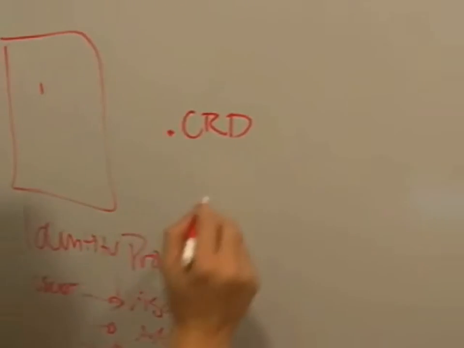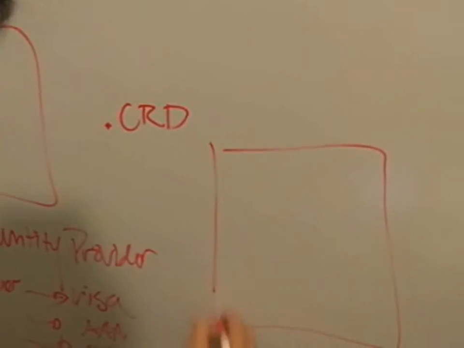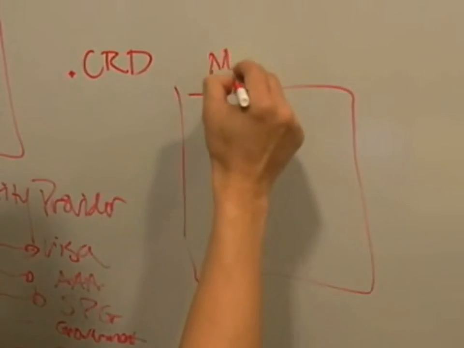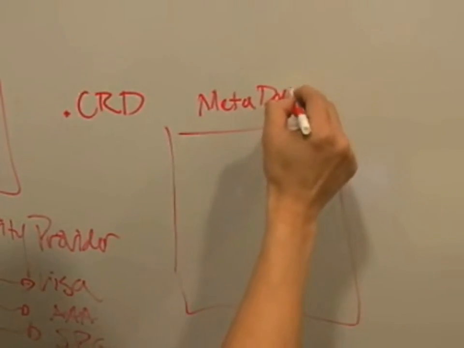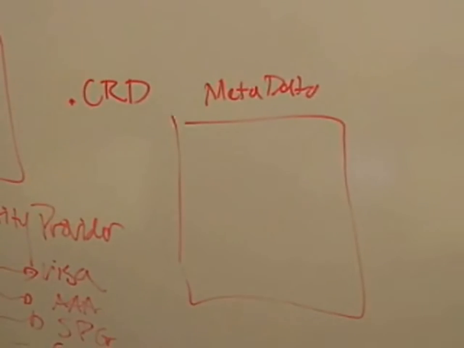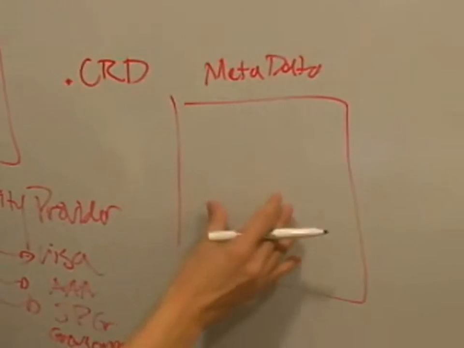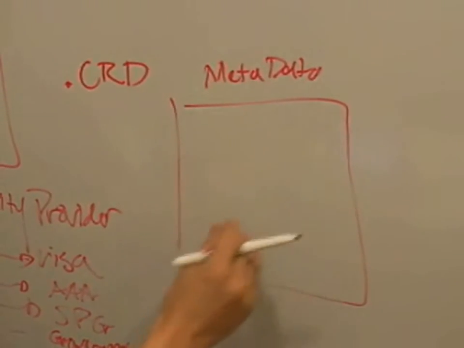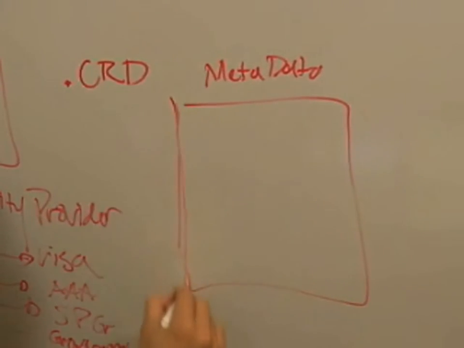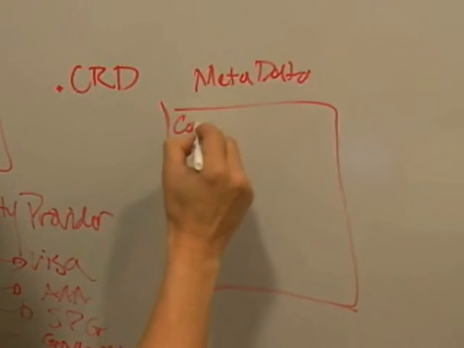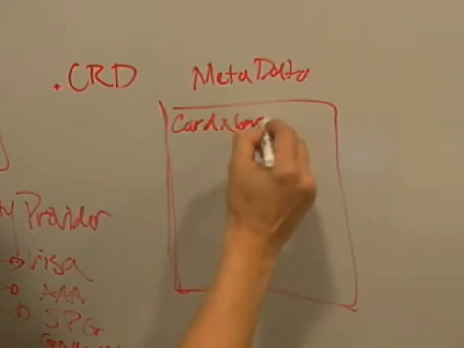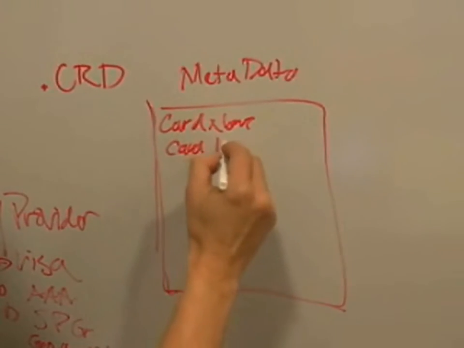It doesn't matter. What's in the CRD file is nothing more than metadata information. There are no claim values, no real values in there. It's mostly just telling what the card name is, the card image, for example.